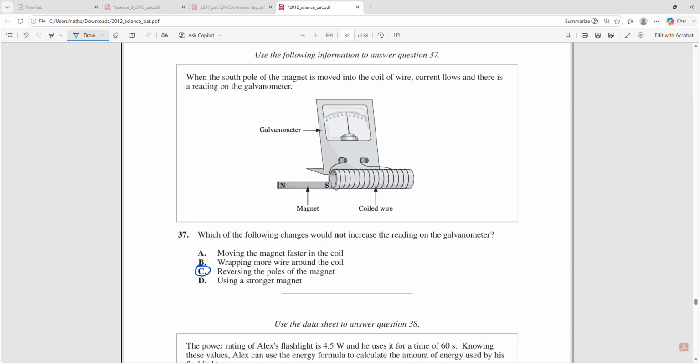Okay, so which of the following changes would not increase the reading of the galvanometer?